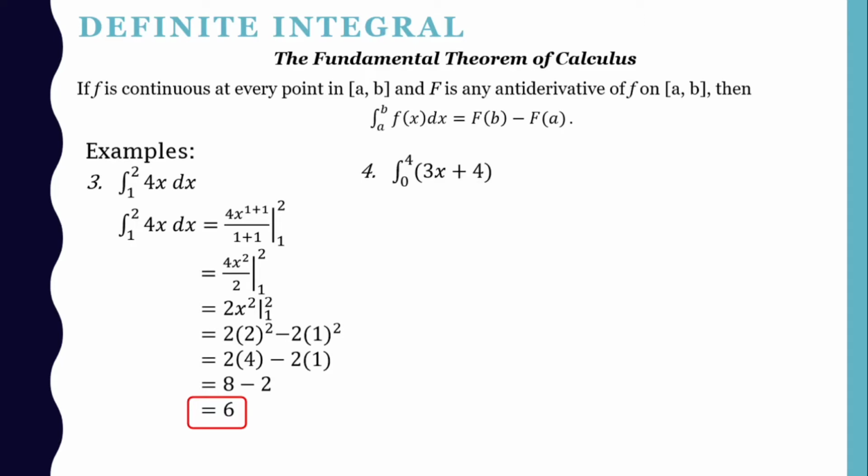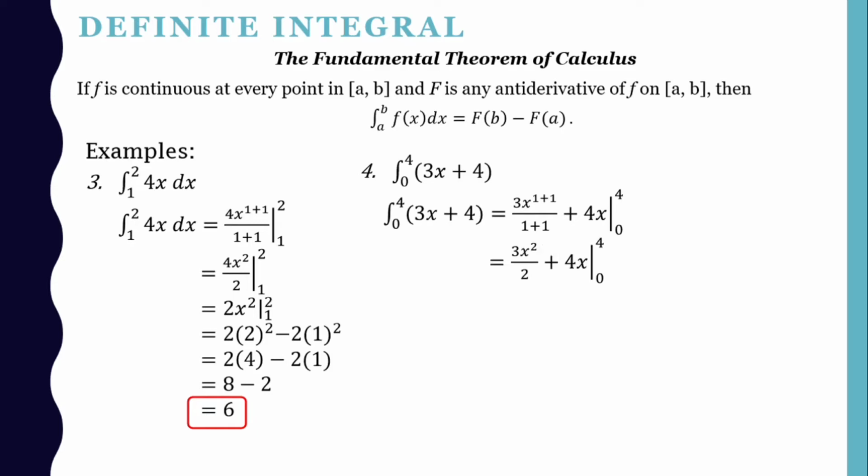And next we have the integral of 3x plus 4 dx from 0 to 4. Again, get the integral of 3x plus 4 dx. So that's 3x raised to 1 plus 1 over 1 plus 1 plus integral of 4 is 4x. Then lower and upper limit is 0 to 4.